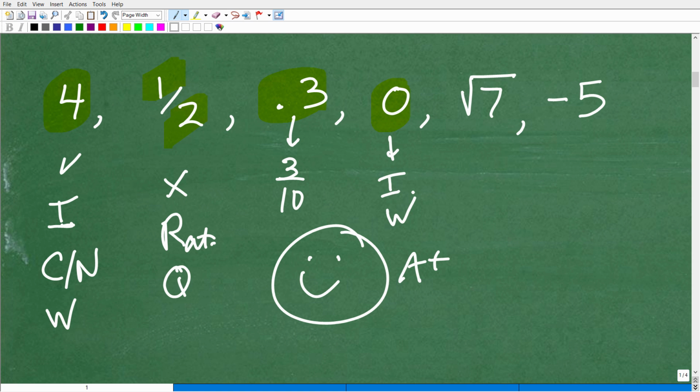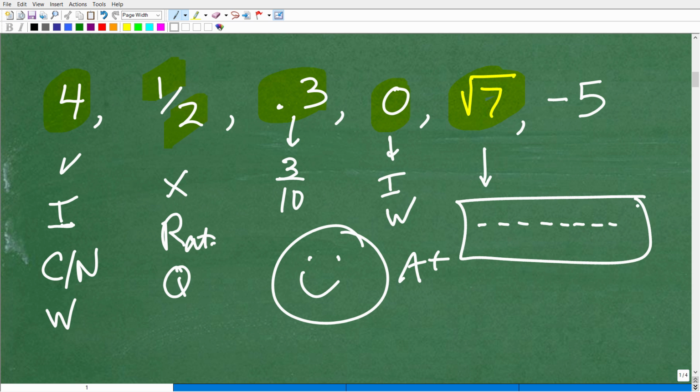All right, how about the square root of 7? Well, this is definitely not an integer, and it's not a rational number either. If you take the square root of 7 on your calculator, you're going to get a decimal on your screen, and your screen ends right there.